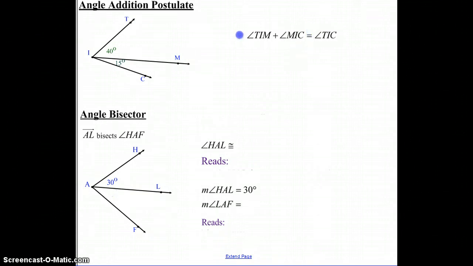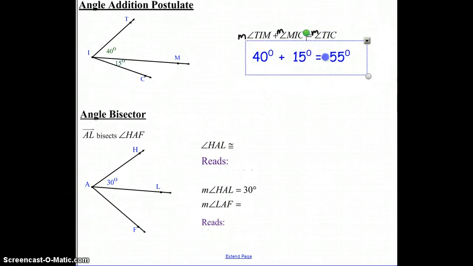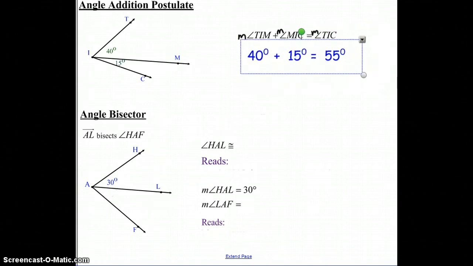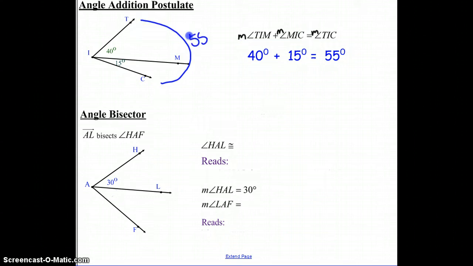Now we should have little m's in front of these, and we will talk about what those little m's mean. So the measure of angle TIM plus the measure of angle MIC equals the measure of angle TIC. And when we do some substitution, we see that a 40-degree angle plus a 15-degree angle is going to give us a 55-degree angle.